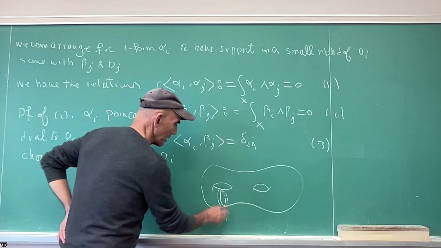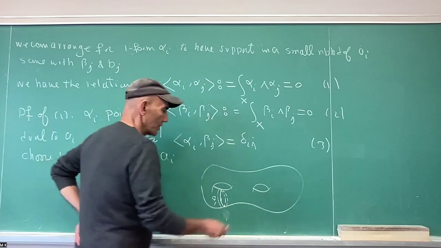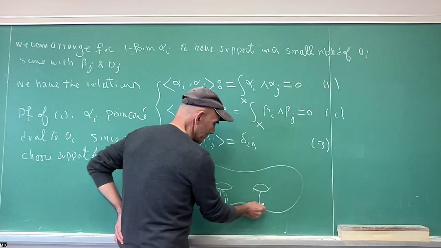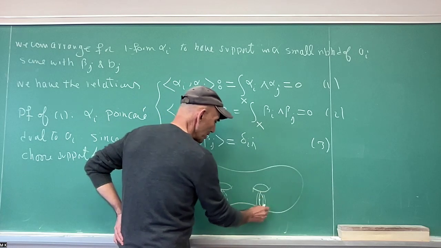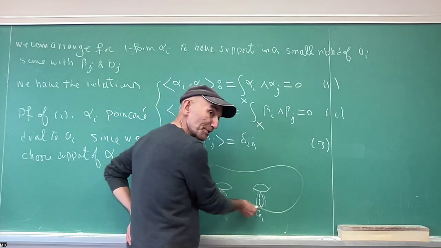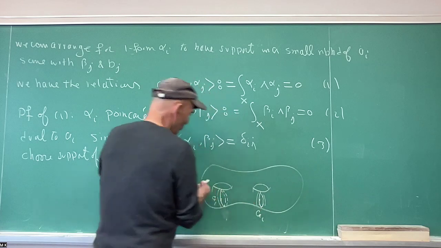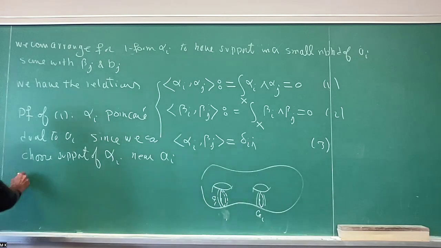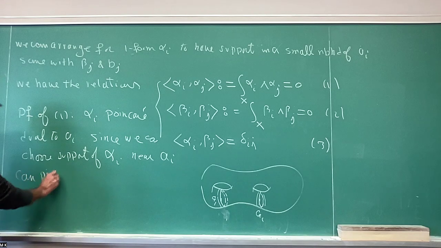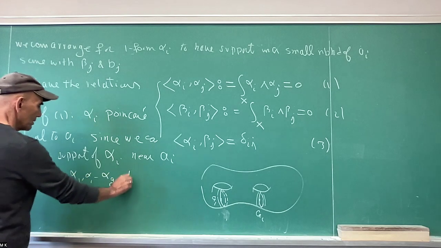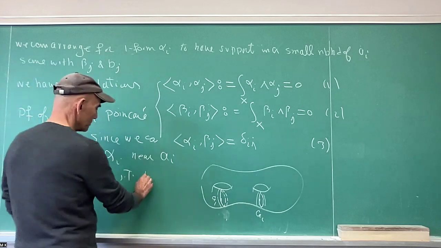But A2 is far apart, so I can choose the support of alpha 2 to be near A2. So we can pick alpha 1, alpha 2, alpha G such that their supports are disjoint.